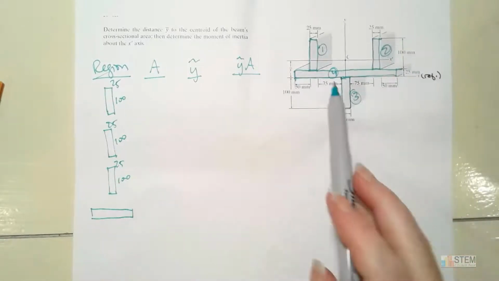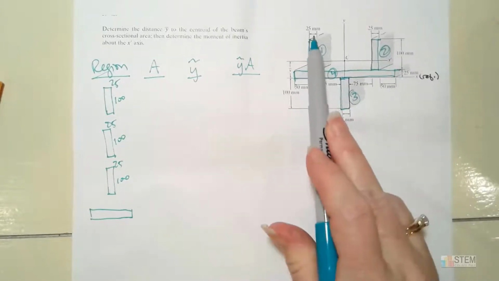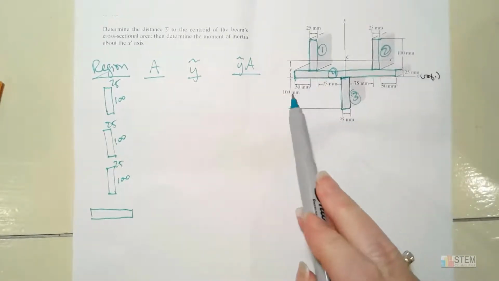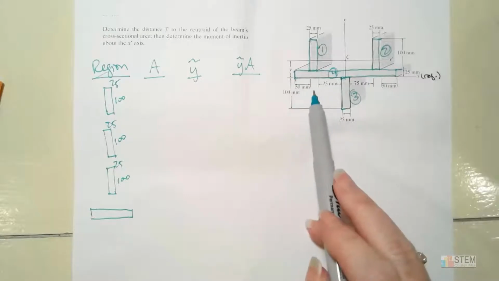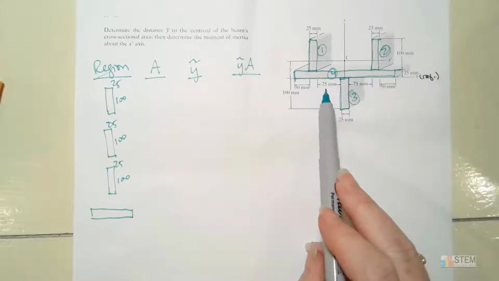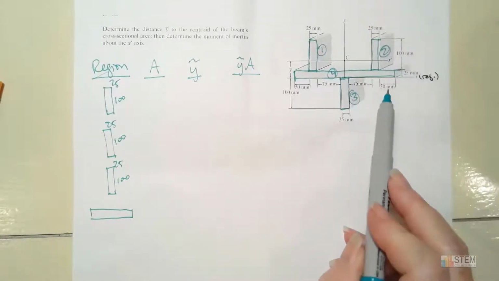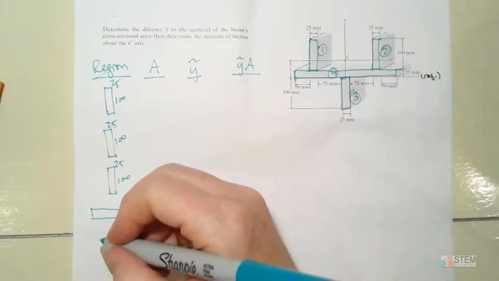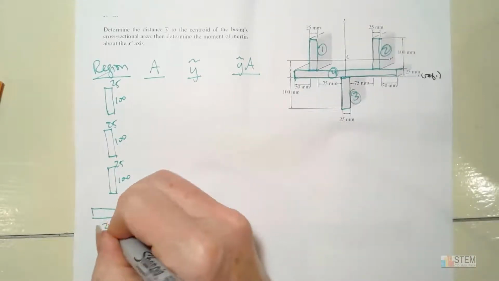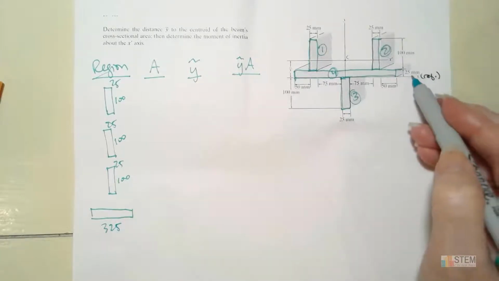Now this length, notice this one, we have the space here, so you have to include that 25. Some people on the quiz did not include that. So we're going to have 50 plus 25 plus 75 plus 25 plus 75 plus 25 plus 50. That's going to give us 325. And then this height here is 25.